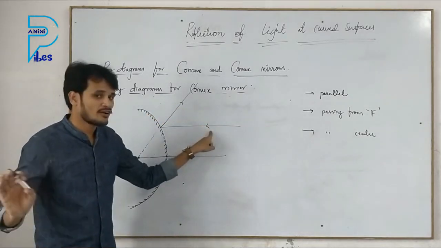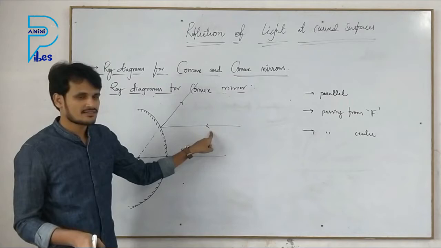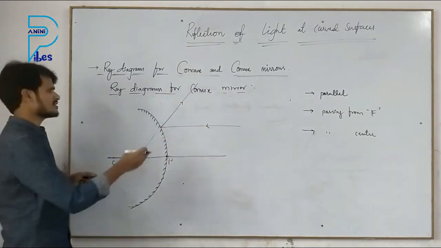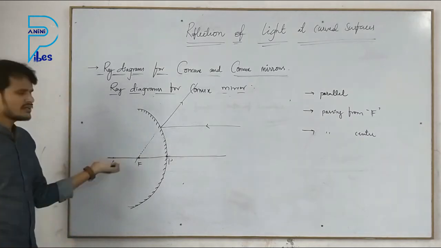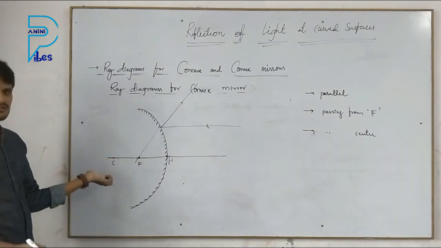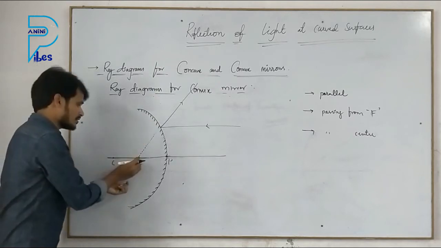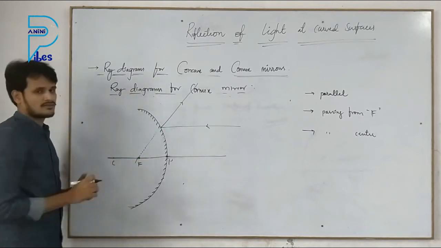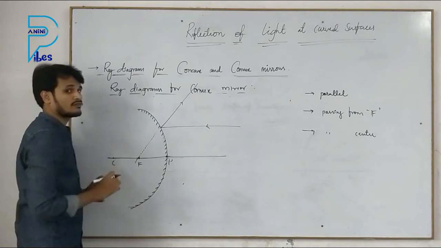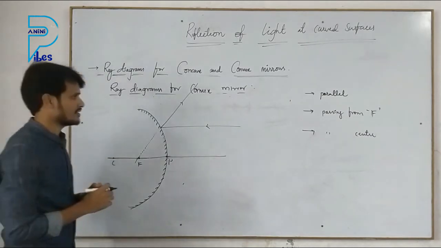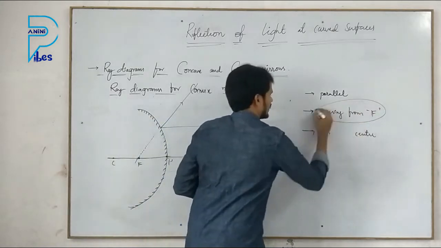And here also, if the incident ray is parallel to the principal axis, the ray diverges back. If you extend the diverged rays inside, they look like they are coming from the focus. That's just imagination.